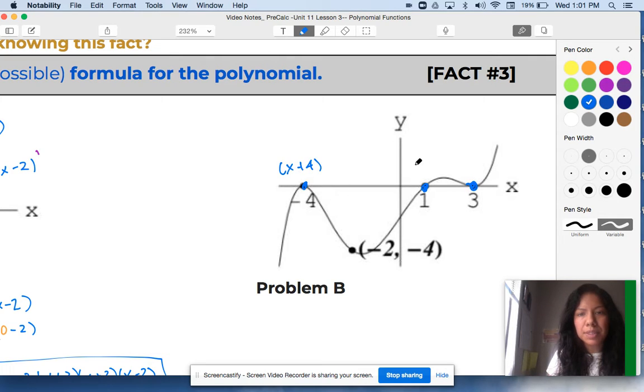Identify their opposite factors, minus 3. Cool. If it bounces or causes a turn, we know that has an even power. If it goes through or doesn't cause a turn at the 0, then it has an odd or 1 power. And here it bounces or turns at the root, so it's power of 2.